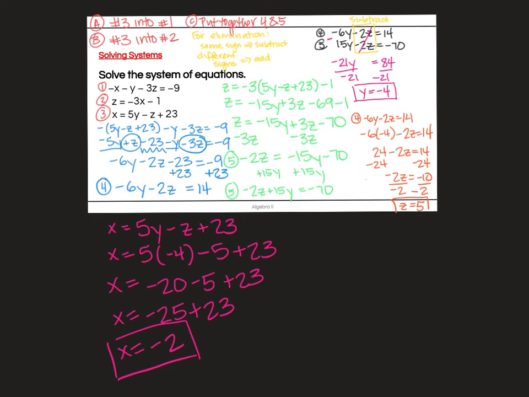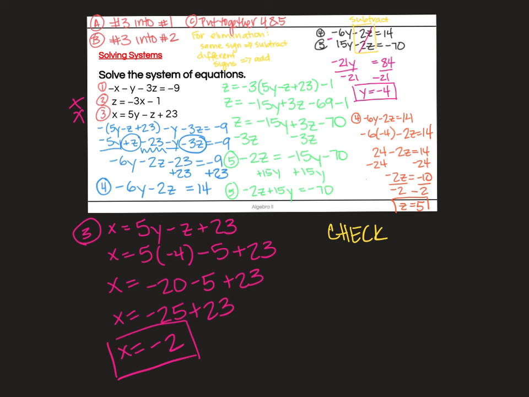And as I said before, my last step is always going to be to check. Now, when I did x is equal to, that is equation number 3. I cannot use equation number 3 to check. I cannot use equation number 2 because equation number 2 only has z and x.